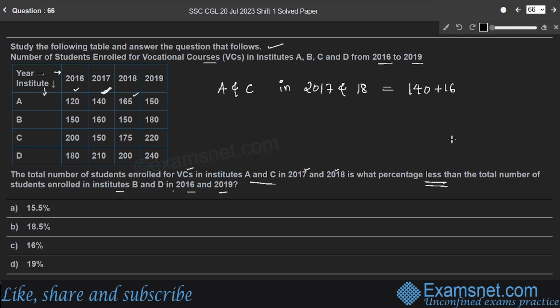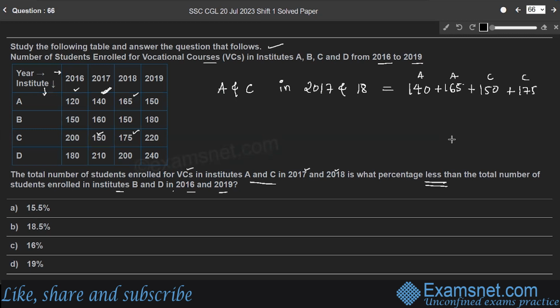Whereas in Institute C, 150 students enrolled in 2017, and in 18, 175 students enrolled in Institute C.